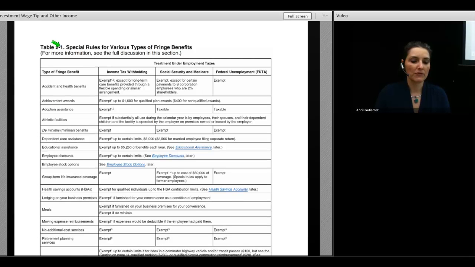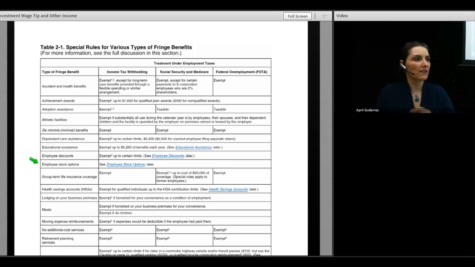This is a table from Publication 15B that talks about the various types of fringe benefits and whether or not they can be excluded from income, and if they can, the extent to which they can be excluded. One of the big ones here is employee stock options. These are relatively not so common these days. They were more common in the 90s. But actually, that is not a true statement.